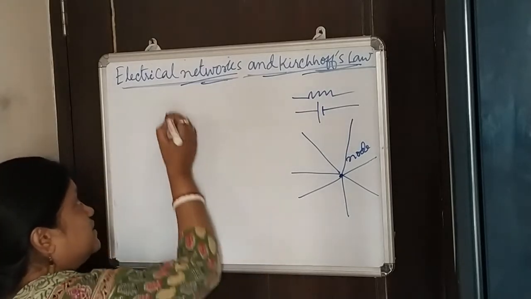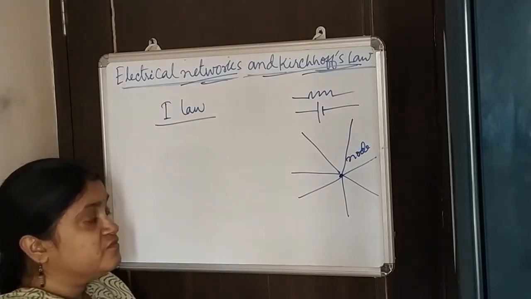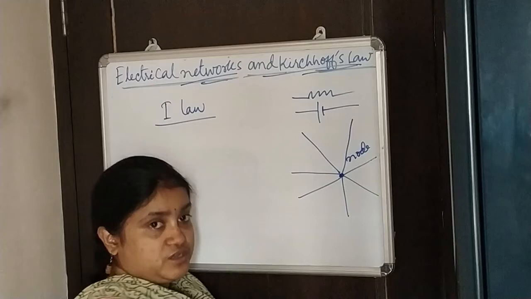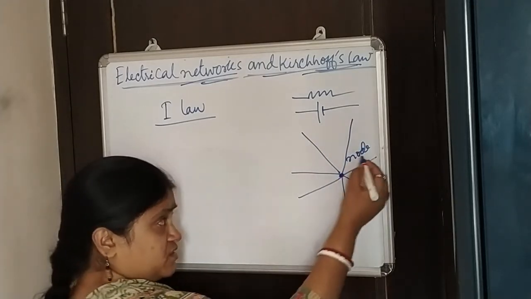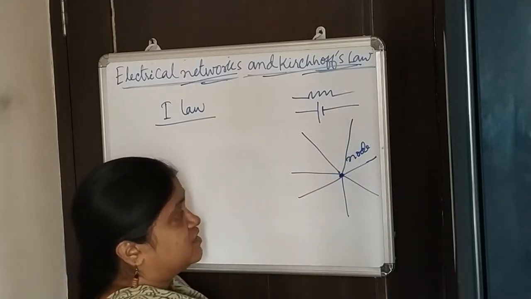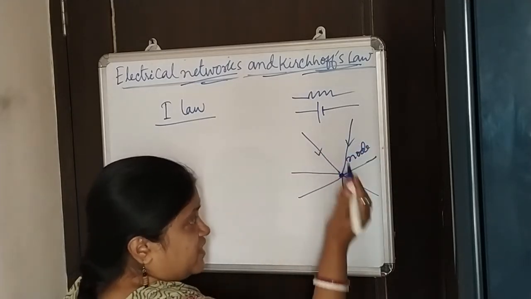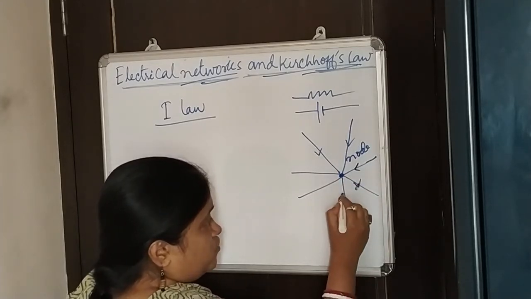So first we will be learning about the first law, or first Kirchhoff's law, which talks about analyzing a node. When we are talking about such an electrical network, let's suppose there are many currents, some entering and maybe some leaving this node.